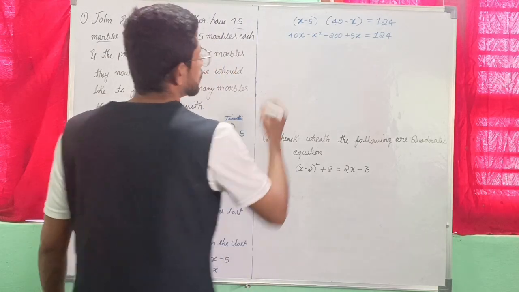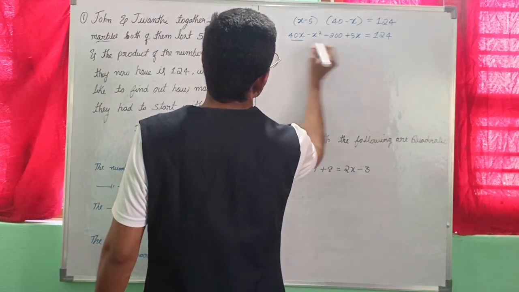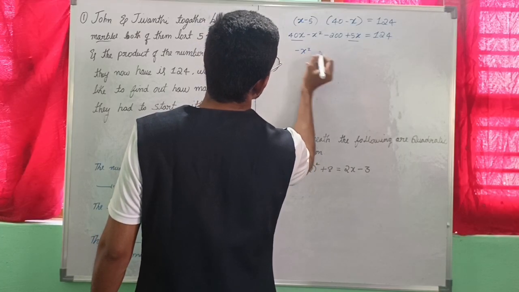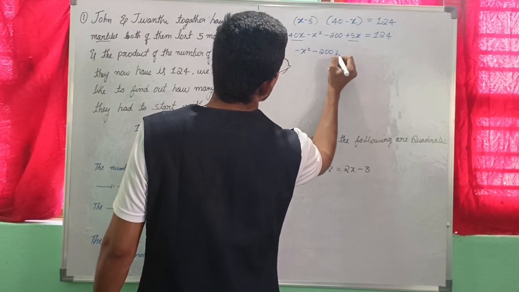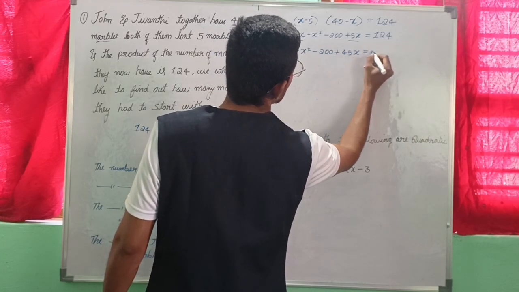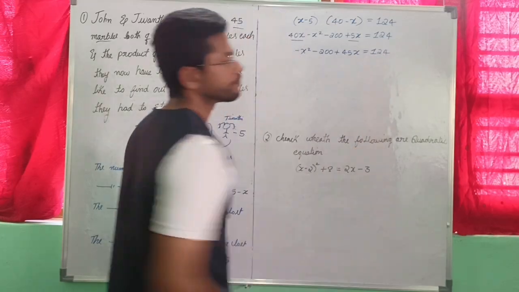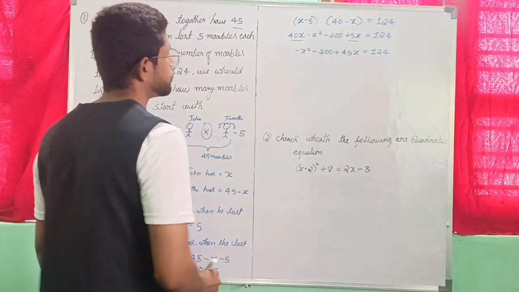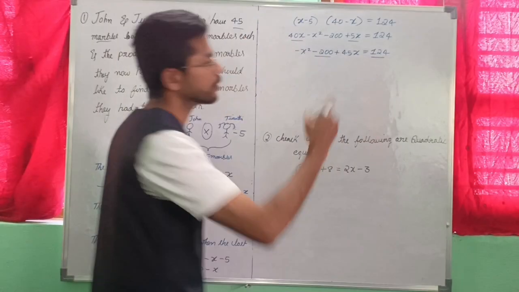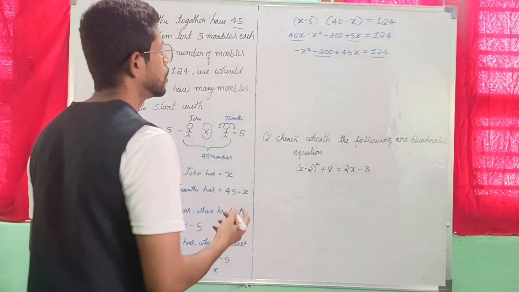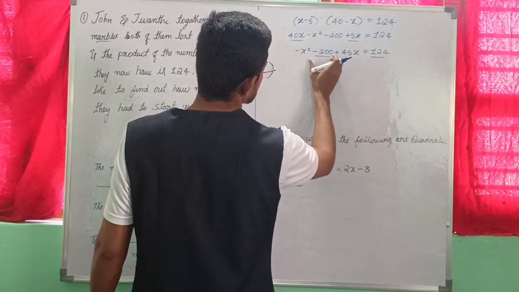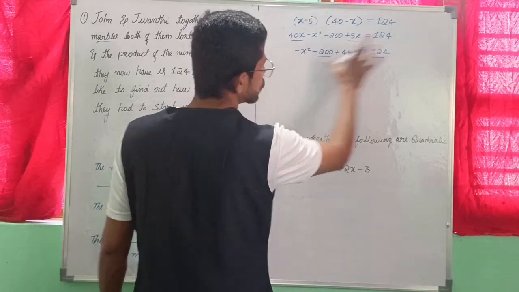Now here we have 40x and 5x. We can add both, right? So minus x squared minus 200 plus 45x equals 124. In the RHS we also have a constant, so I will shift the whole LHS to the RHS.